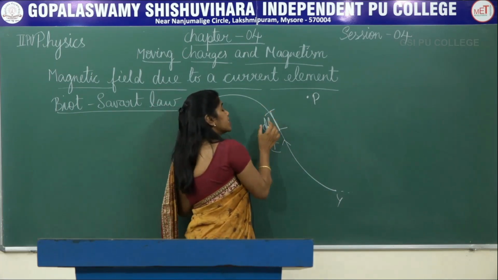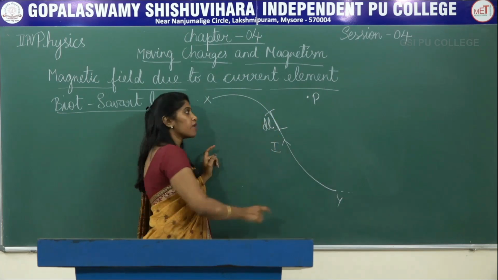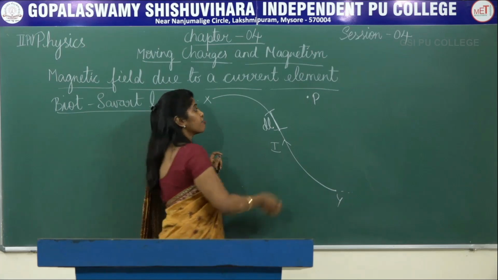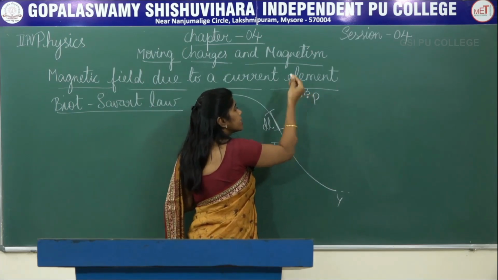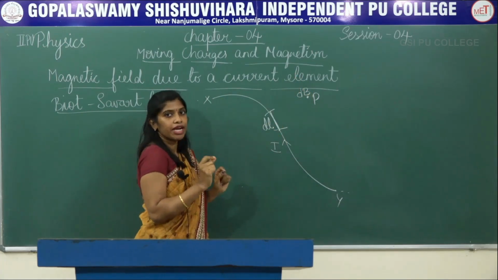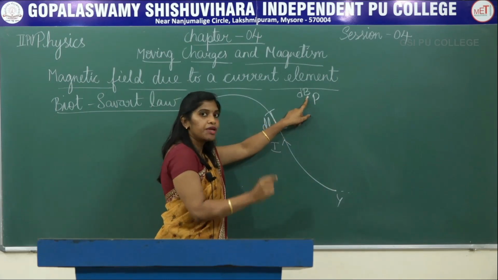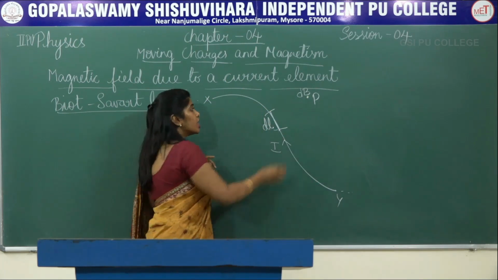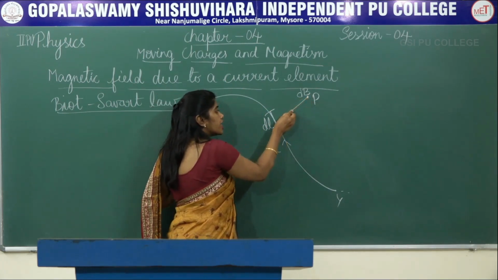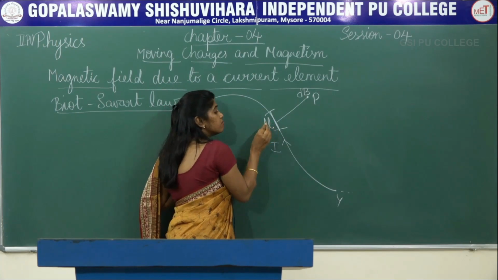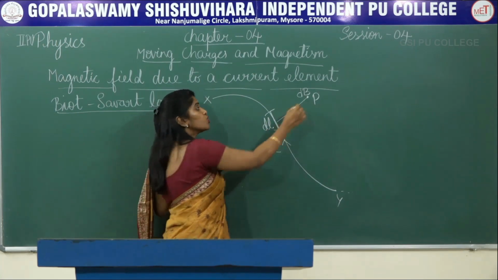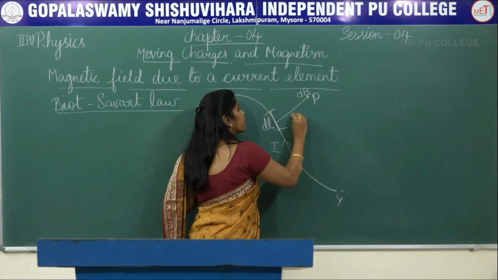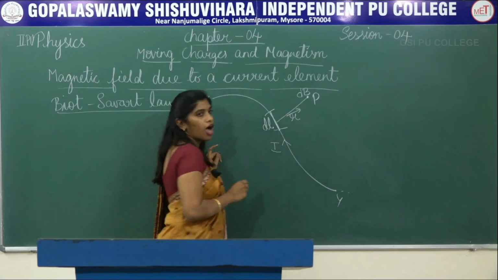And using this small element, I am going to find the magnetic field at this point P, and that magnetic field will be dB. It is not B, it is dB, because it is the magnetic field due to the small element dl. Now let me draw a straight line from the current element to the point P, and the distance is taken as the position vector r.